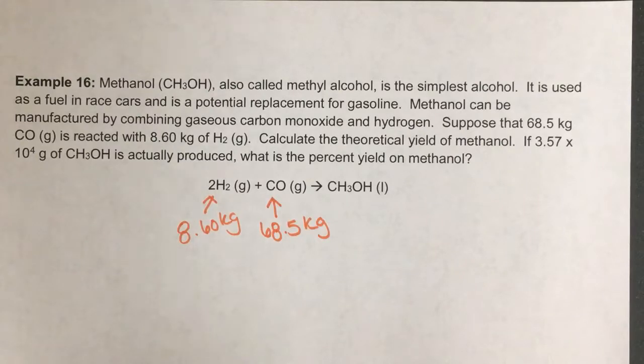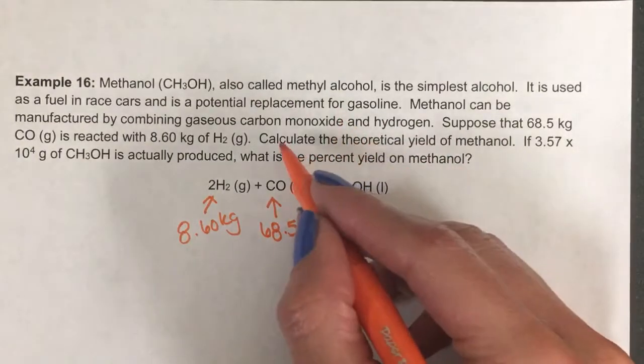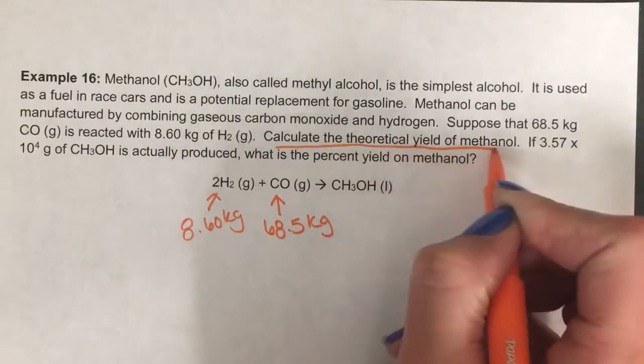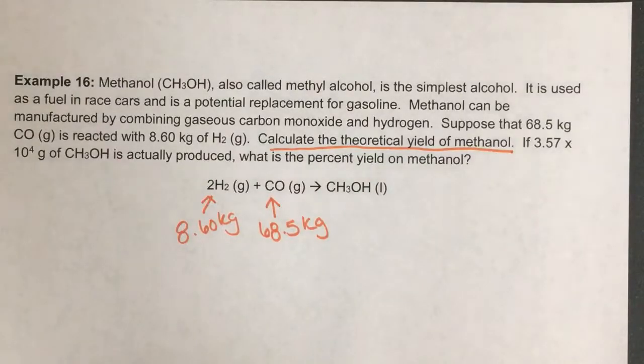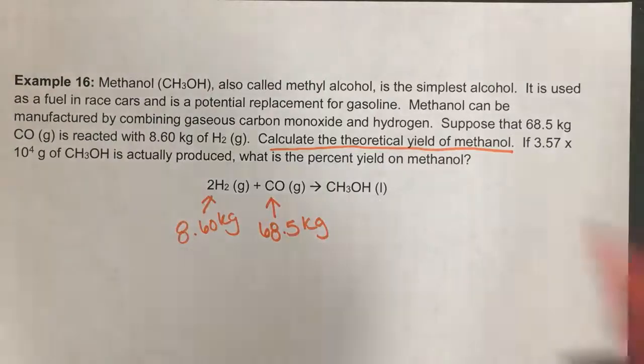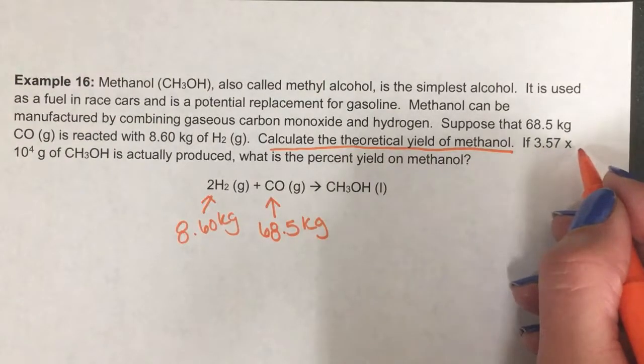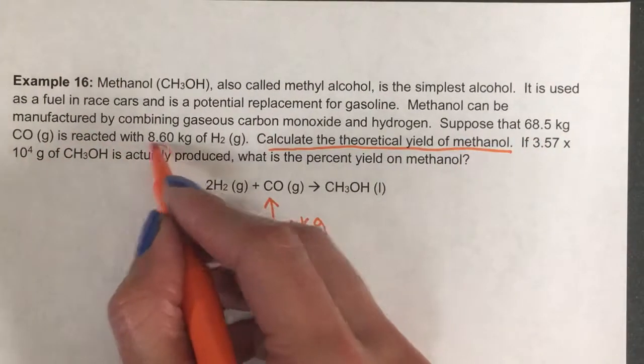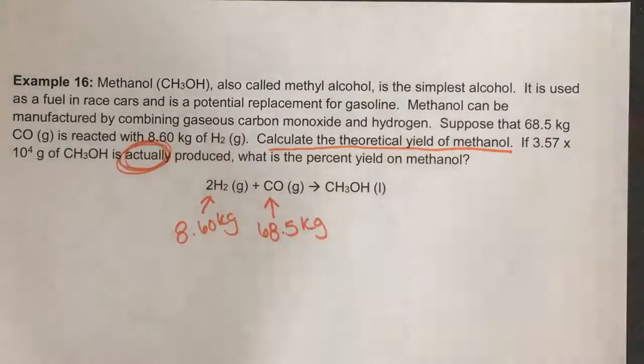What they want you to do is calculate the theoretical yield of methanol, okay? Once you calculate your theoretical yield of methanol, they tell you that you actually made 3.57 times 10 to the 4th. That's my actual yield, okay?